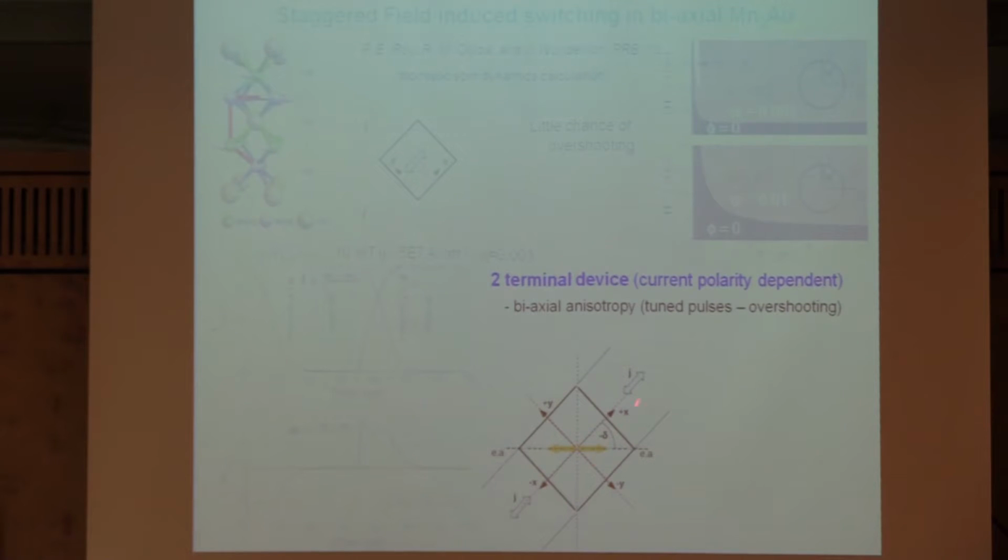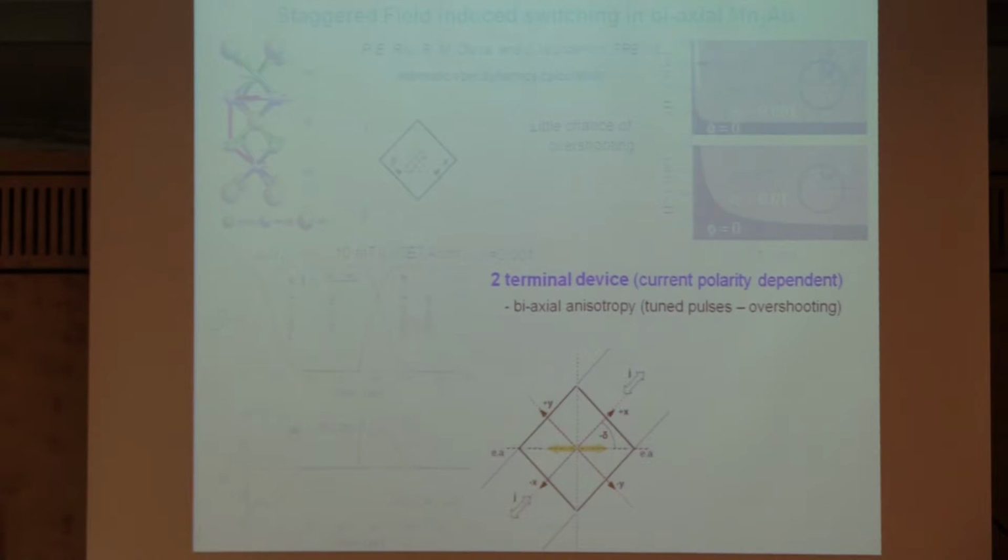So say current direction dependent means it would switch either clockwise or anti-clockwise. So saying you send a current in a direction that it switches clockwise, you would be able to switch it if the current pulse is very short, in principle, between these two axes.